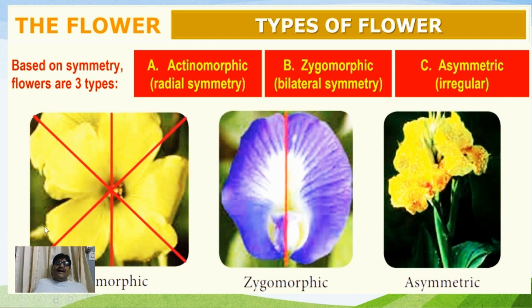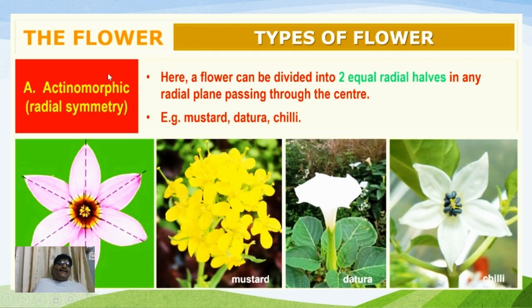One is actinomorphic, the radial symmetry, then zygomorphic, the bilateral symmetry, and asymmetry means irregular flowers.